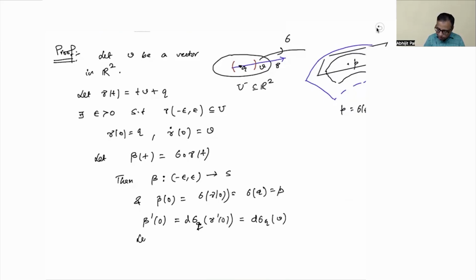Now let w equal beta prime 0, which is now equal to d sigma q of b. And beta lies on the regular surface passing through the point P, and beta prime 0 is equal to W. So this implies that W is a tangent vector at P to the surface S.